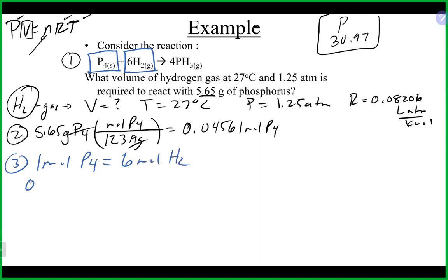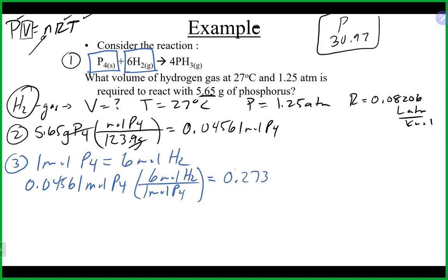So taking our number there from above, going opposite so they cancel out correctly, P4 will go on the bottom, H2 will go up on top. So we're going to multiply by 6 here, and we get 0.2737 moles of H2. That again is really the missing part that we need here to finish out the problem.